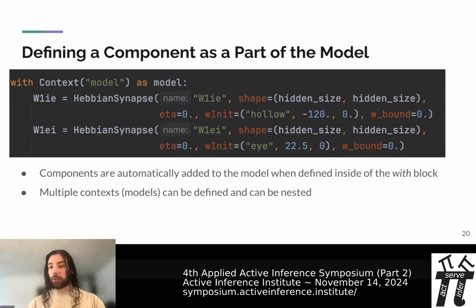So there's no model.register for various built things, no model.components list that you need to make sure is up to date, nothing like that. If we call Hebbian synapse here inside of this with block, the Hebbian synapse exists on your model. Now, what this does mean, though, is that the names of all of our components are required to be unique.